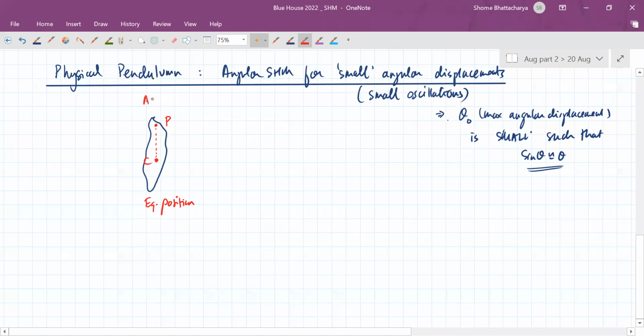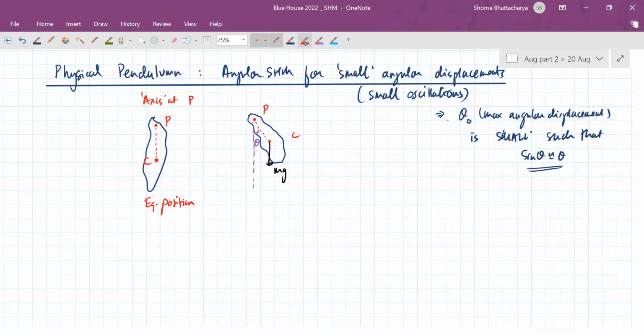There is an axis at P. So the moment we take it from the equilibrium position to an angular position theta, and this distance is d.